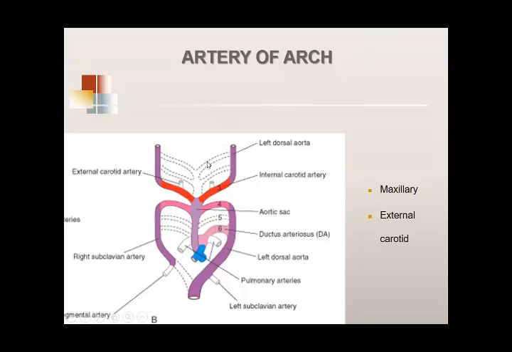First arch की जो artery है, that is the maxillary artery. Some books also mention कि external carotid है, लेकिन maxillary हर किताब mention करती है. So remember, the maxillary artery develops from the first arch. The rest of the arch regresses. Okay. So just one artery from the first arch, maxillary artery.